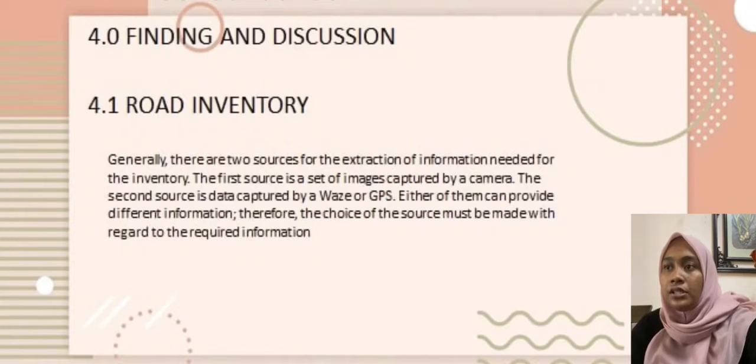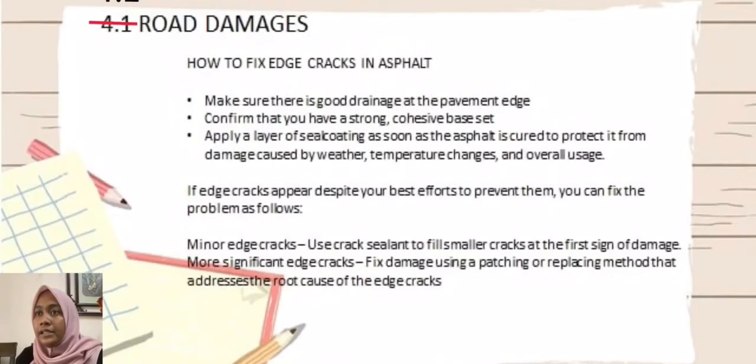Therefore, the choice of the research method must be made with regard to the required information. To fix each crack in asphalt, you are much better off preventing each crack than fixing them.